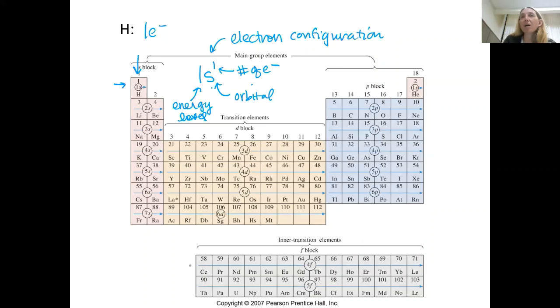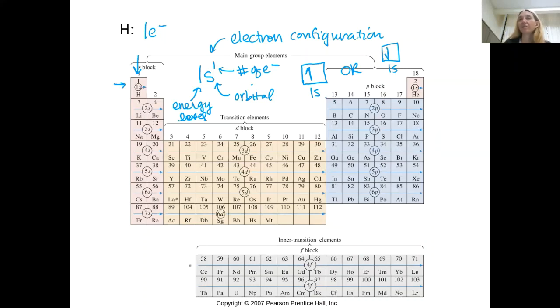Now, if I use the box notation to draw this out, I draw a box. I say this box is the 1s orbital, and there's 1 electron in it. Okay, and I just preferentially put the positive first, but you can also do the negative one first.